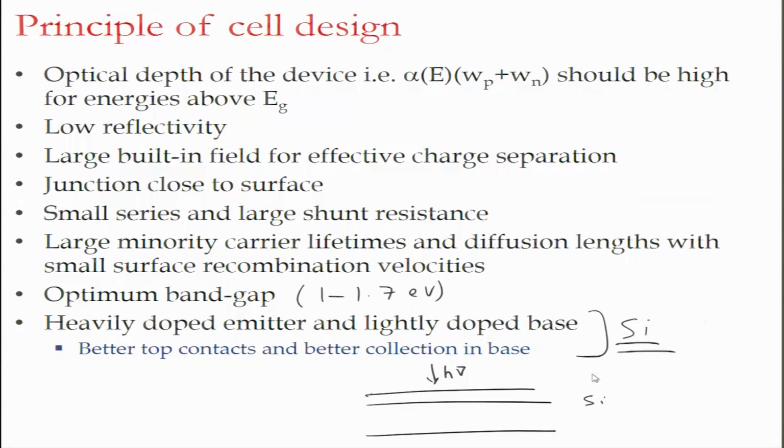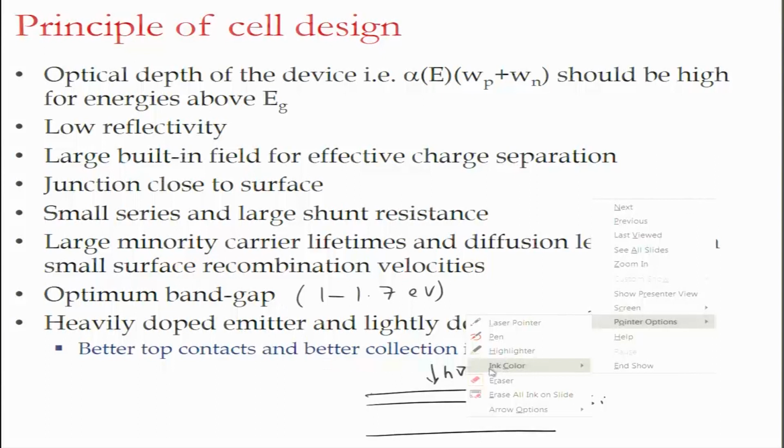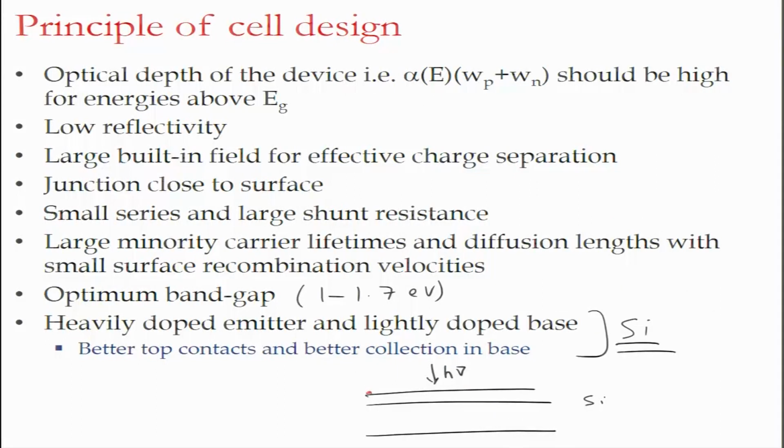As a result we put in contacts at various places, such that you have efficient current collection, so that you do not cover the whole surface with metal, you have only very little coverage of the surface. That is why if you look at the top, you have these very thin lines running like this on silicon panels.